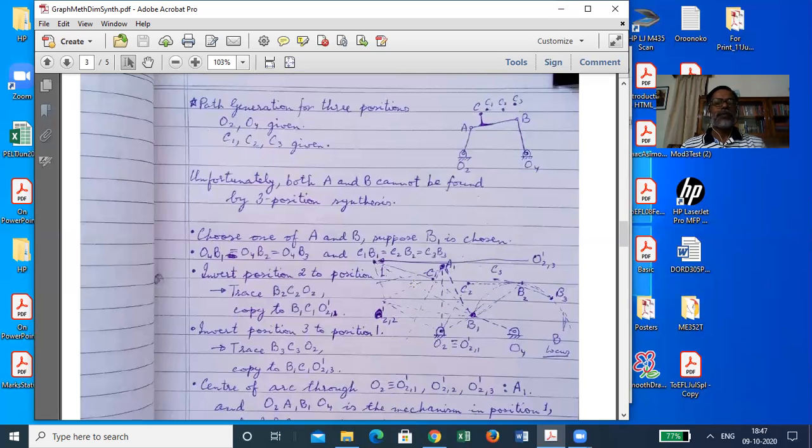Okay, so invert position 2 to position 1. Here also we have chosen position 1 where we are synthesizing basically.